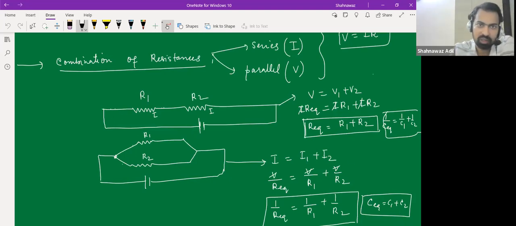What is it? There are a lot of connectivity issues that we have.